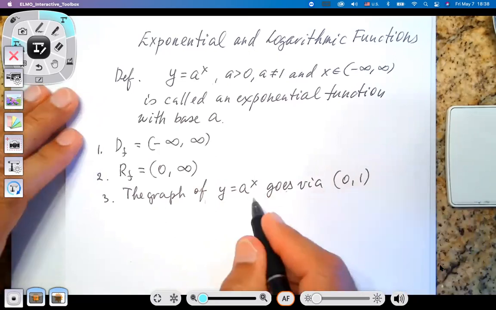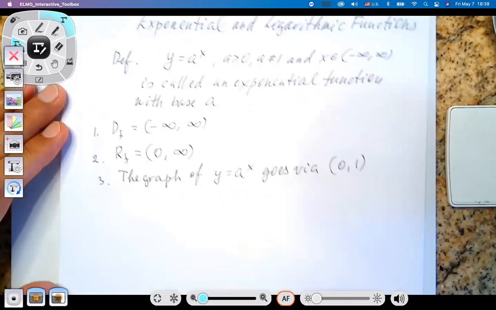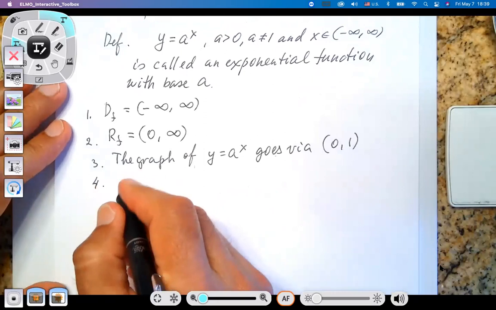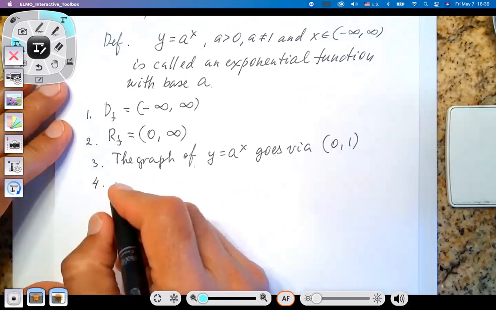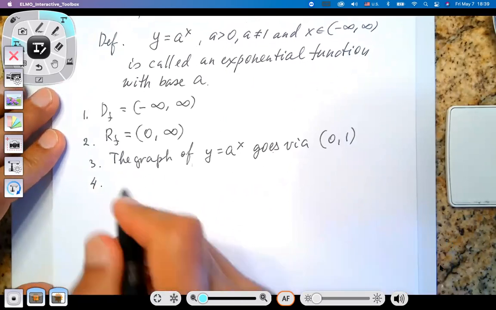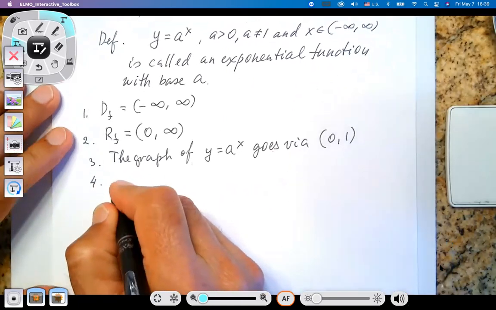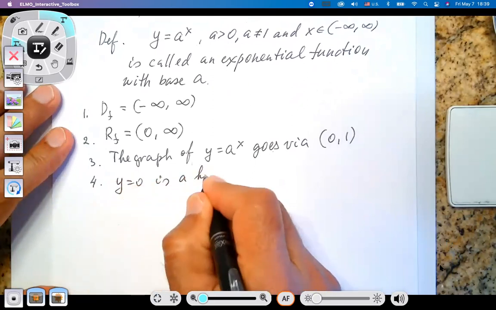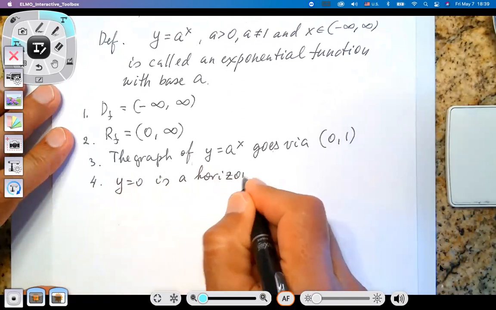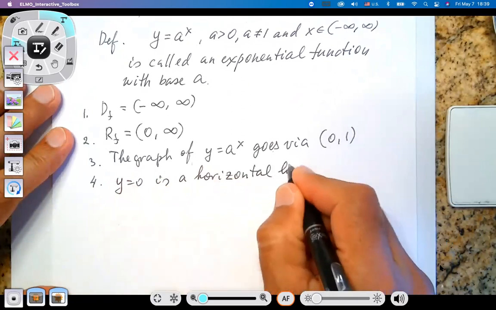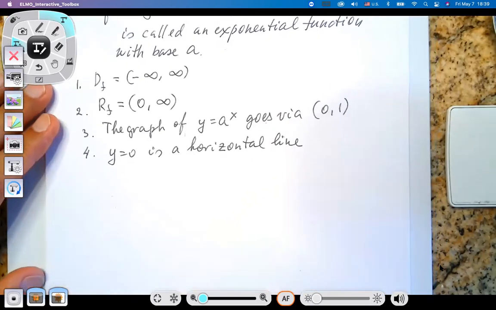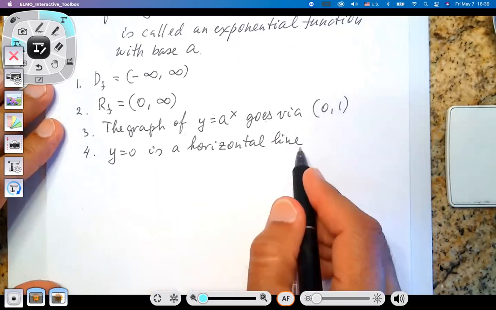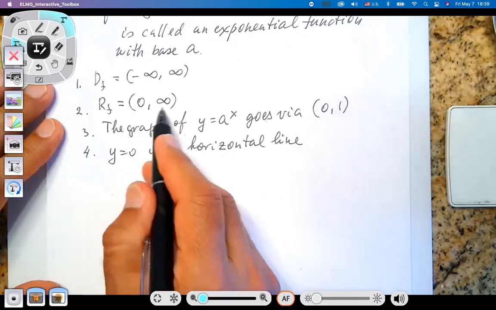So all of them, no matter what a, go through the point (0, 1). y equals 0 is a horizontal line. So the graph approaches the horizontal line but never touches. It's always greater than 0.